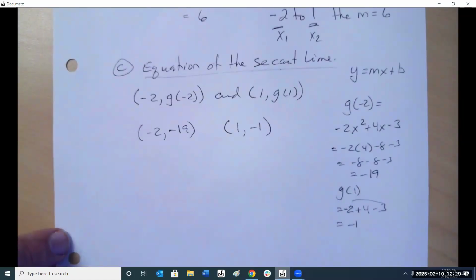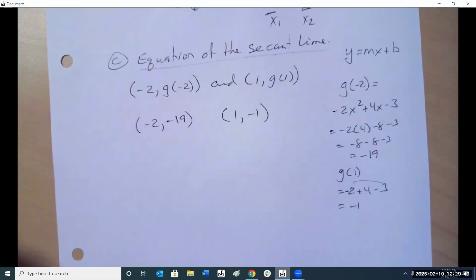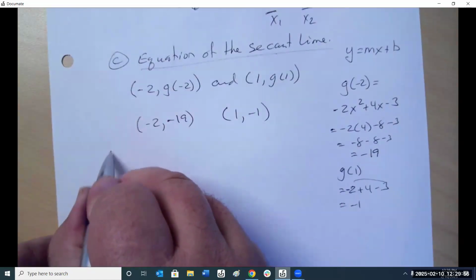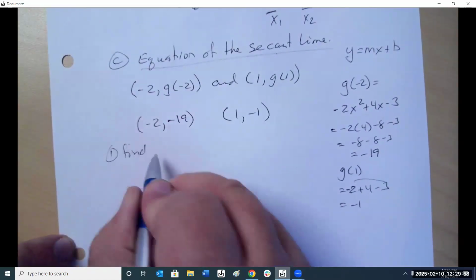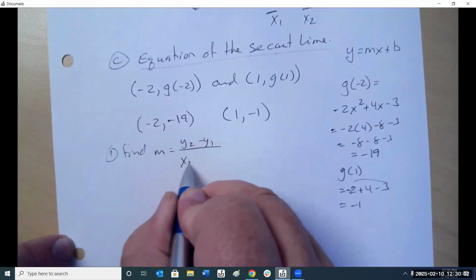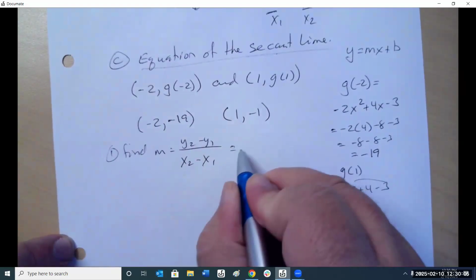How do we find the equation of a line if we have 2 points? You have to find the slope first, which is y2 minus y1 over x2 minus x1.